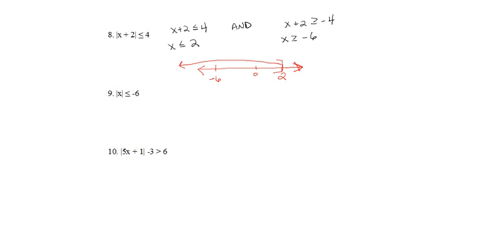And then I have x is greater than or equal to negative 6. So I'm going to bracket on the negative 6 and move to the right, which is greater than. I'm dealing with an and problem, so I'm going to want their intersection, which is between the two brackets. So if I write this in interval notation from left to right, bracket negative 6, comma, 2, bracket.